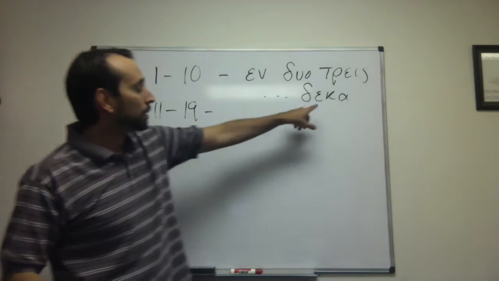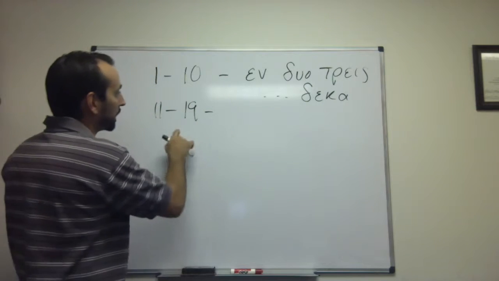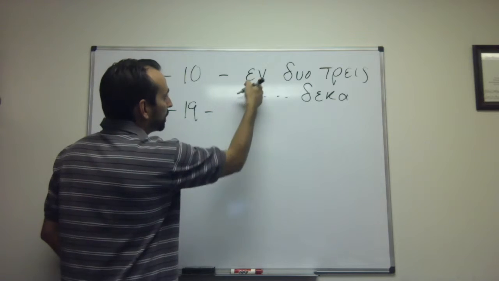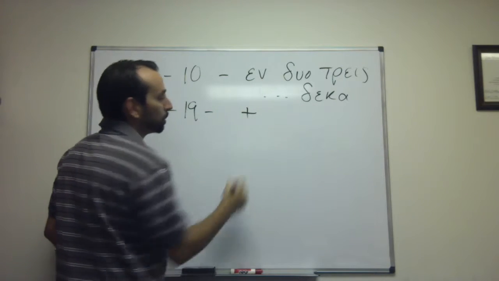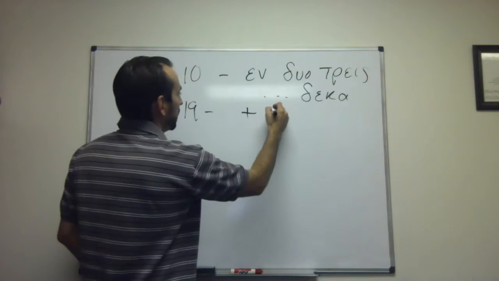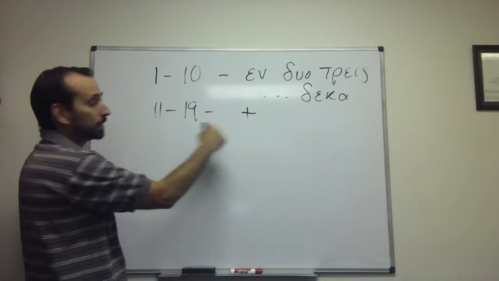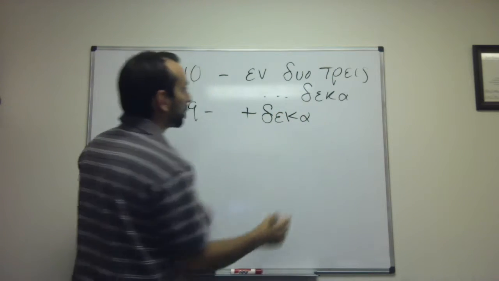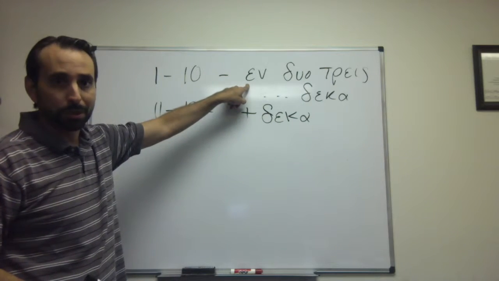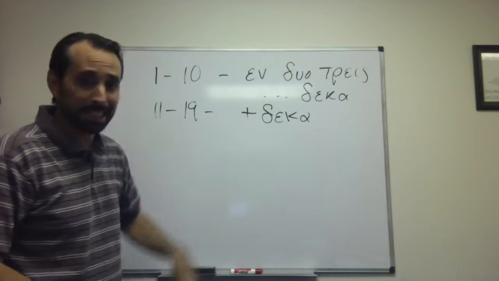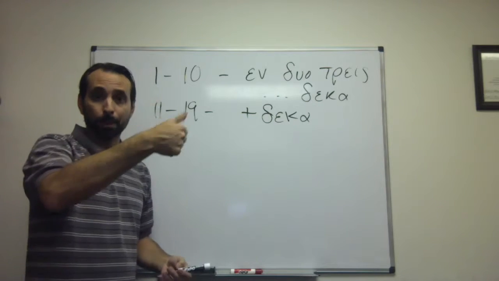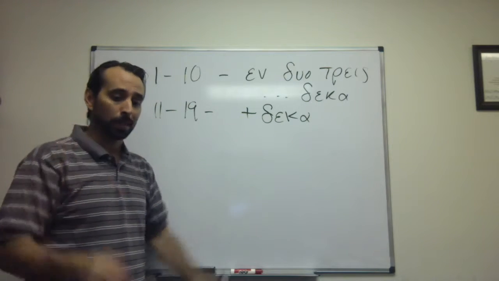Well, I'm taking the deca and adding the cardinal number to it, 1, 2, 3, 4, 5, 6, 7, 8, 9. I'll use a little plus sign to indicate that. And how do you add it? Well, what I just showed you: as a prefix, as a suffix, or connected with a chi.